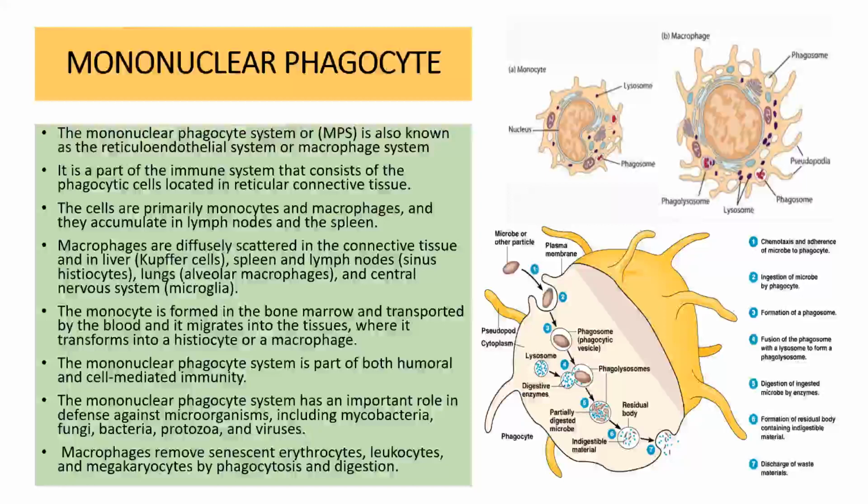The useful chemicals, the molecules, are absorbed by the cell, and the rest turns into a residual body. This residual body with indigestible material is thrown out by exocytosis. This is the process of phagocytosis by mononuclear phagocyte.